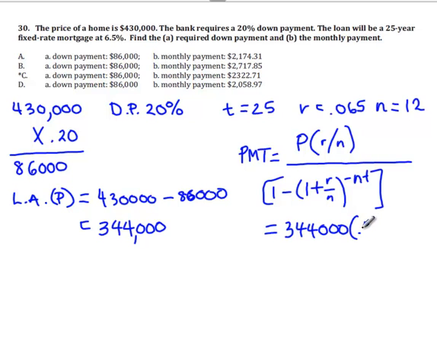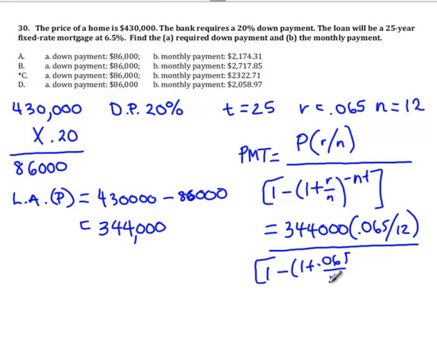We've got 0.065 divided by 12. And in our denominator, we've got 1 minus 1 plus 0.065 divided by 12, all raised to the negative nt.